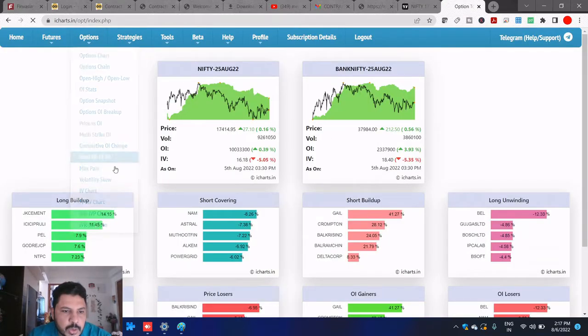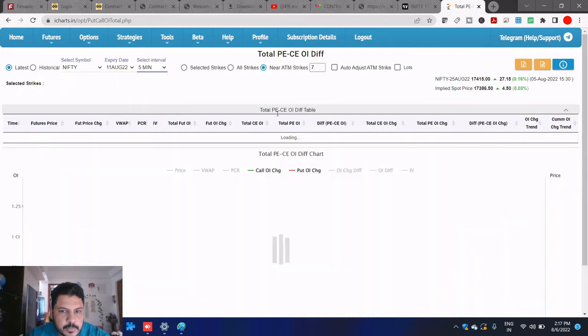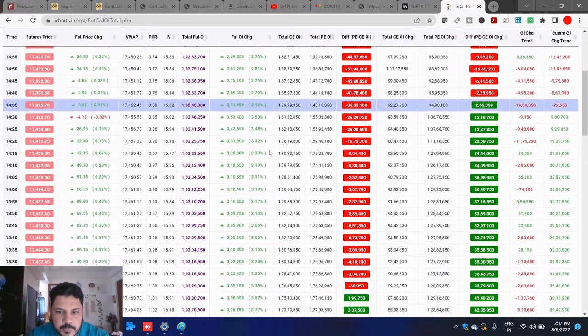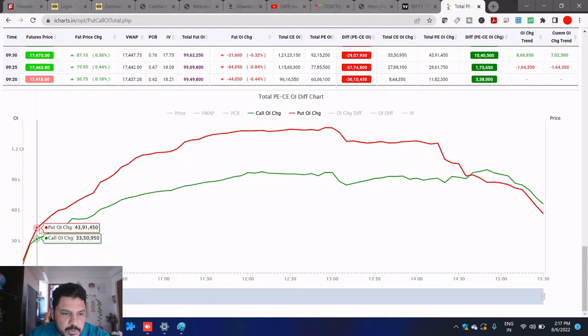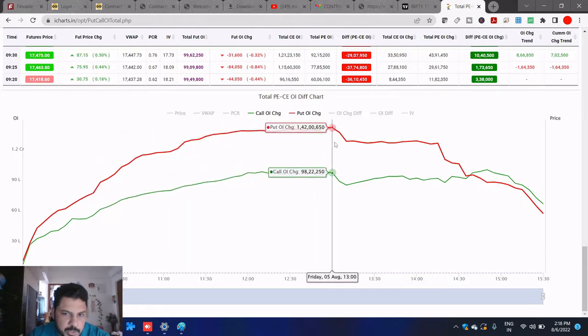Let's check total call and put. Okay, so this is the date of 5th August, and if you see opening itself, the put open interest was high. So if you see it is going so high, you expect the market to go further high.